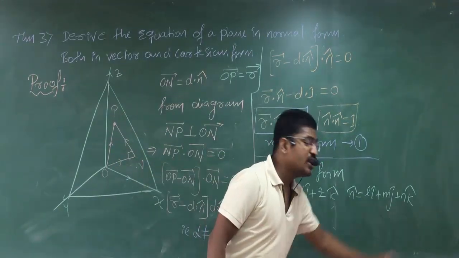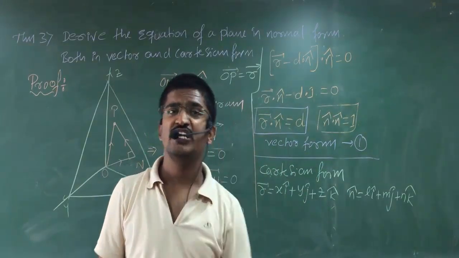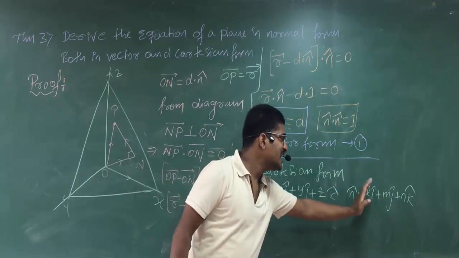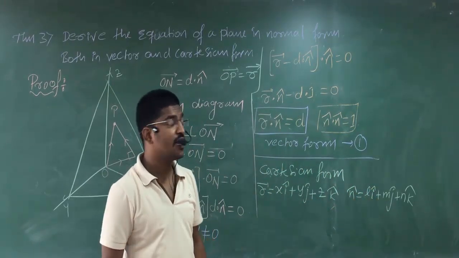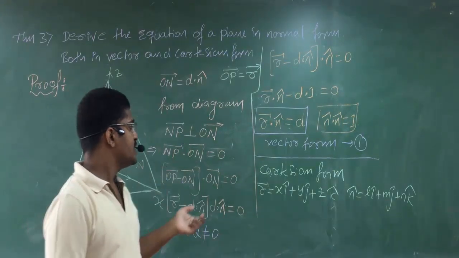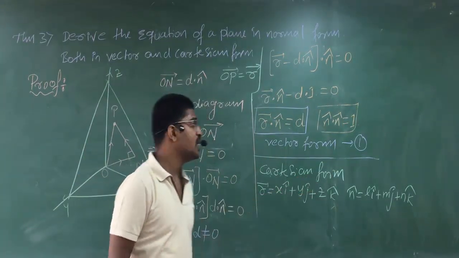L, M and N are going to be the direction ratios of your normal vector. As you all know, R is the position vector, written as Xi cap plus Yj cap plus Zk cap.